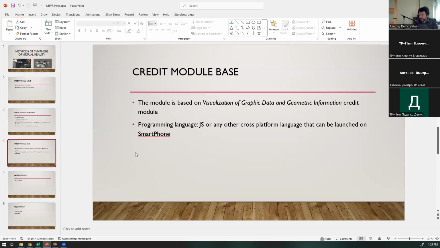It could be any other cross-platform language, but let me make you know that the calculation graphics work and the module control work are going to be launched on your smartphones. That's why, start exactly from the first practical assignment using something that could be launched on your smartphone.